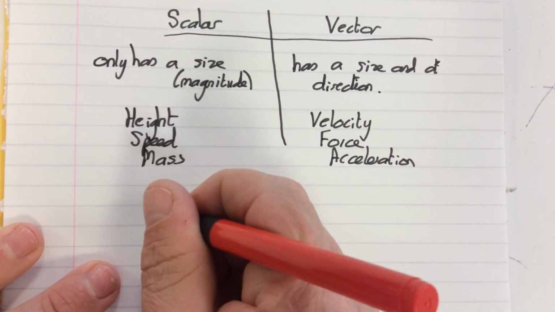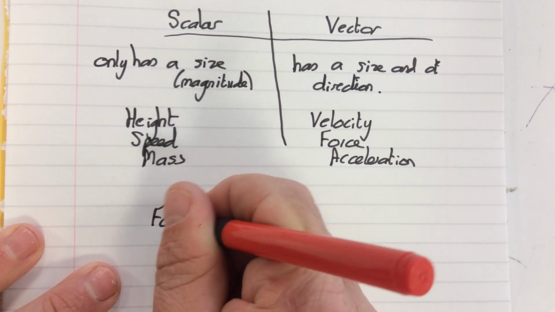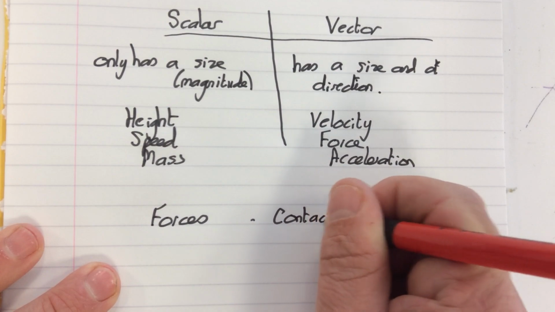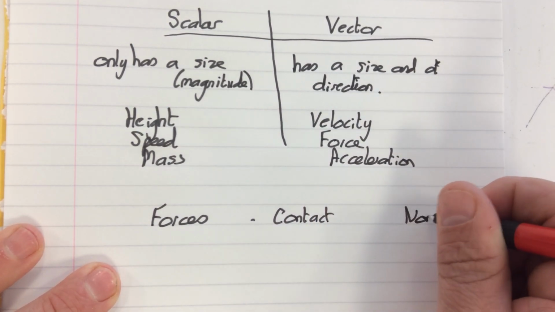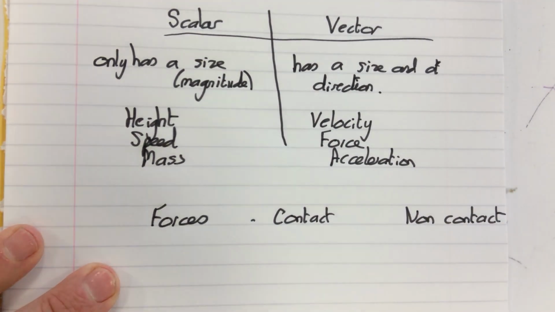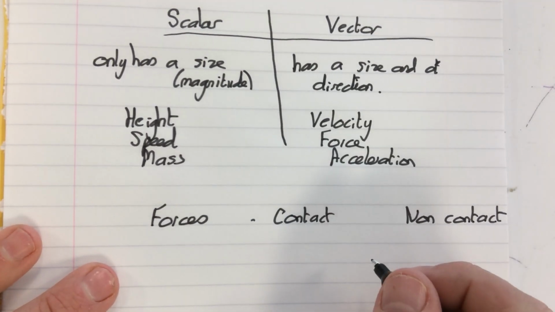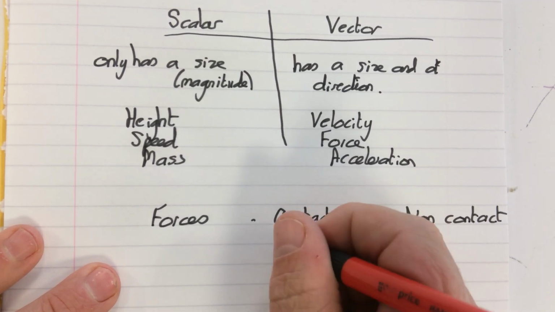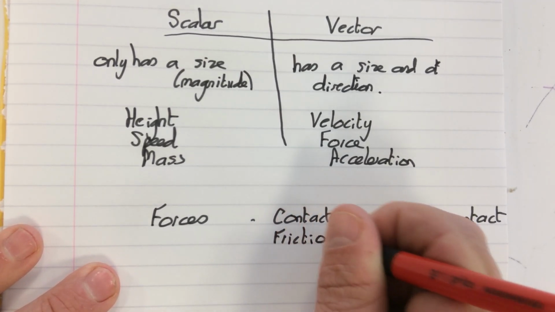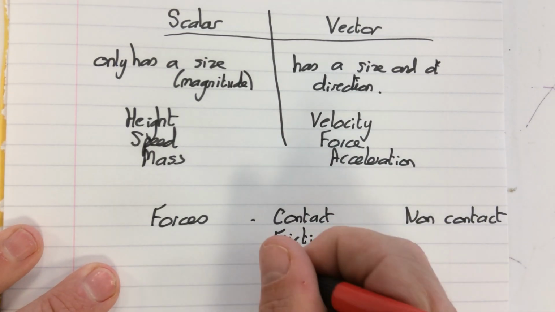Okay, now forces, really important for your exam, can be contact or non-contact. So contact means two surfaces touching, non-contact means they're not touching. So contact forces could be friction. You know that when things rub together they get warm due to friction.